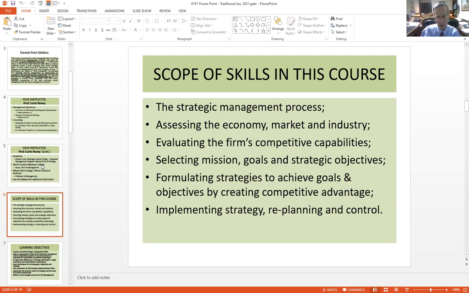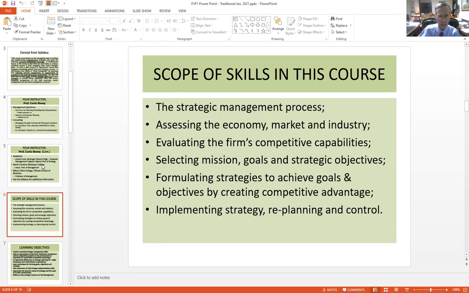I think it's because the authors feel that they should defer to other courses and other professors. So they don't talk about economics and market factors that influence the firm's performance potential. But when we form strategy, we have to respond to those things.